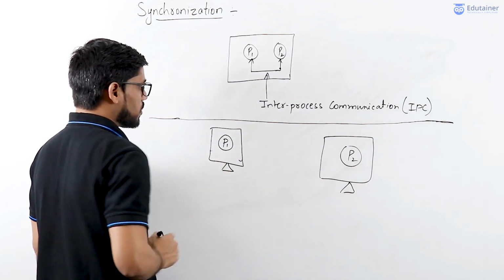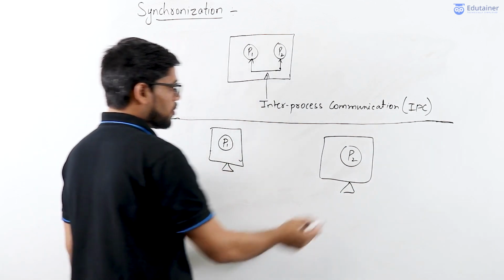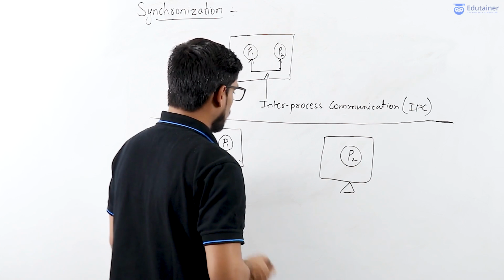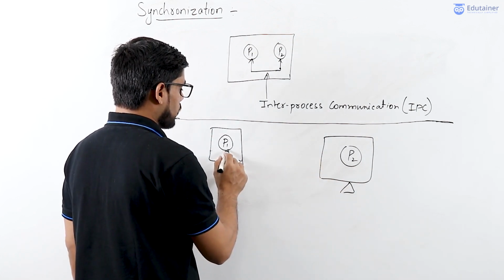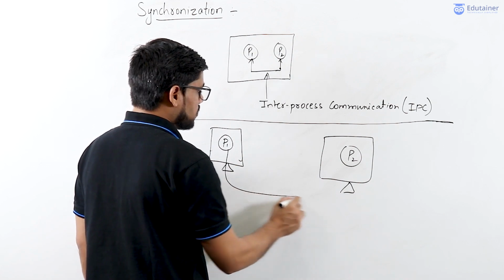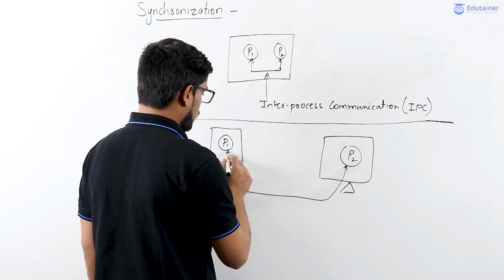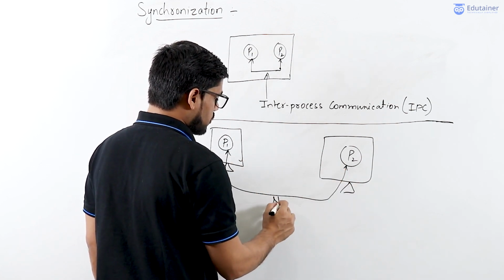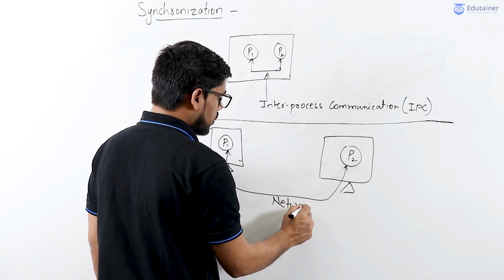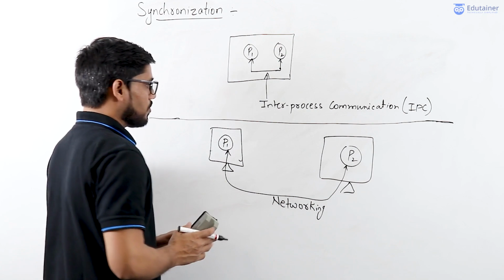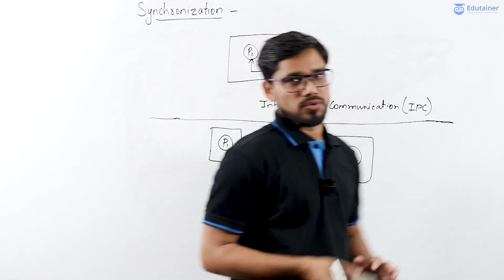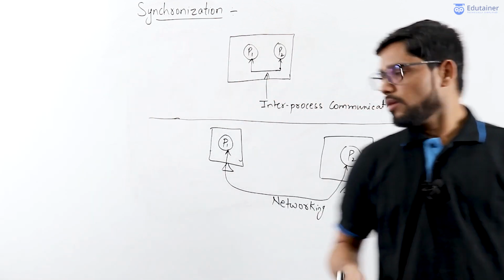In computer 1 there is a process P1 present, in computer 2 there is a process P2 present, and if both the processes P1 and P2 are trying to communicate with each other, we use a concept called networking. So in computer networks you will study how to communicate between two different processes when these processes are present in two different computers. Got it?